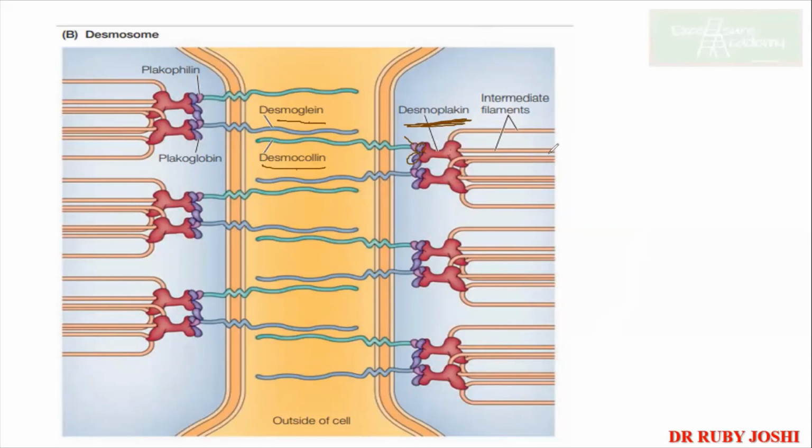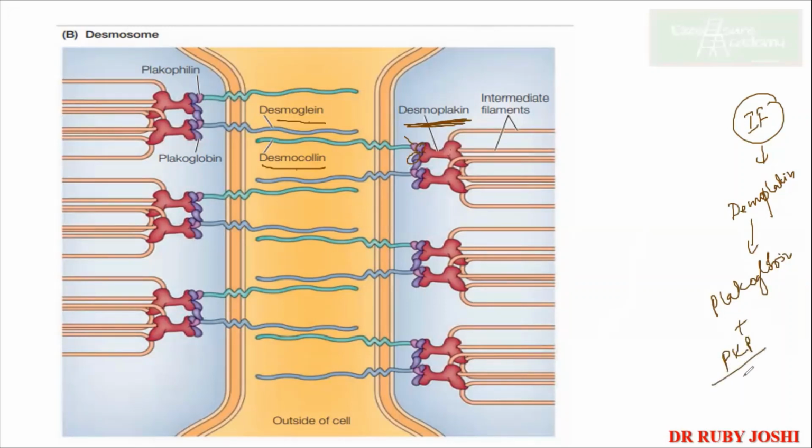Okay, did you get it? So first are the intermediate filaments. They are attached to your desmoplakin. They are attached to your plakoglobin plus plakophilin. It is written as PKP, plakophilin.